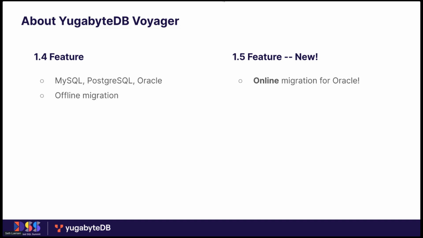I don't know what the timeline is on that. For our purposes, because it just came out, we're going to be using 1.4 in our Gitpod environment. Sorry to disappoint you, but for the most part, all the features and bells and whistles that we need are there. I just wanted to highlight online migration for Oracle as the big one.